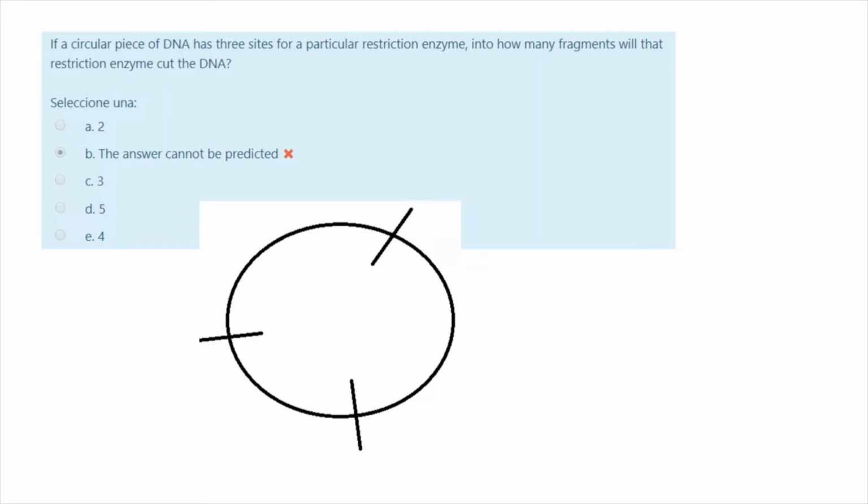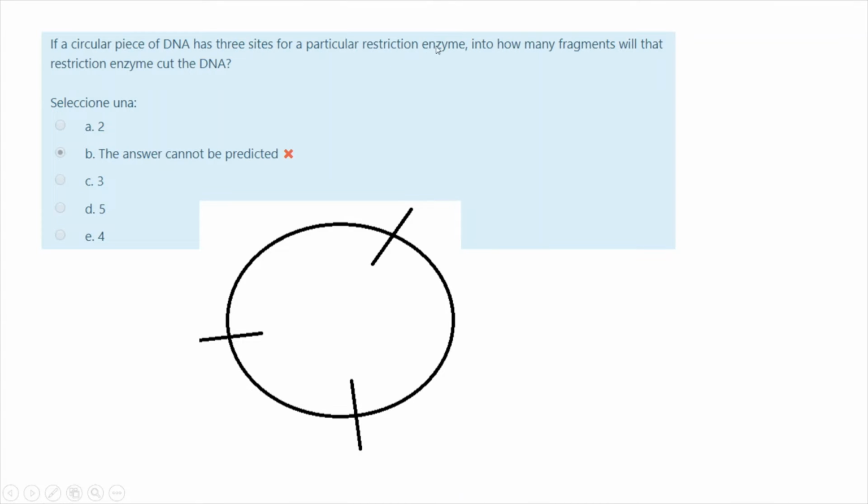Okay, another question that caused you some problems, that's because you didn't do the picture. I'm sure that if you make the picture you're going to see this in a very easy way. We've got a circular piece of DNA. What does it mean that the piece of DNA is circular? Well, it means that it's bacterial. Okay, remember, bacterial DNA has this shape. And we've got 3 sites for a particular restriction enzyme.